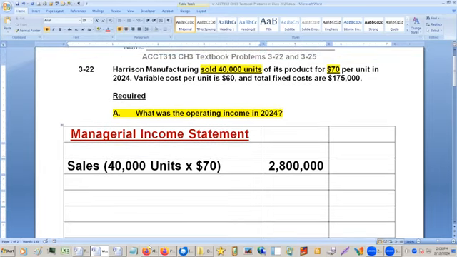Okay, money going out. How are we going to find the variable costs?